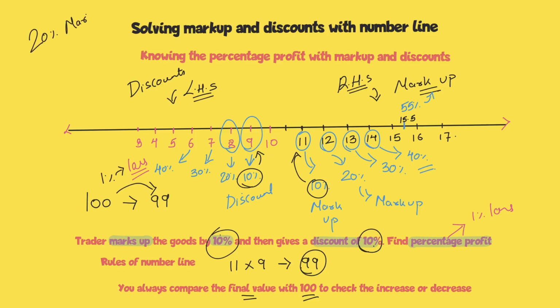Let's take one more problem. A 20% markup is given, and then I give a 10% discount. So for 20% markup, what will I write from the number line? On the number line, 20% represents 12. So first write a 12 for 20% markup, and I'm given a 10% discount. A 10% discount is represented as 9.